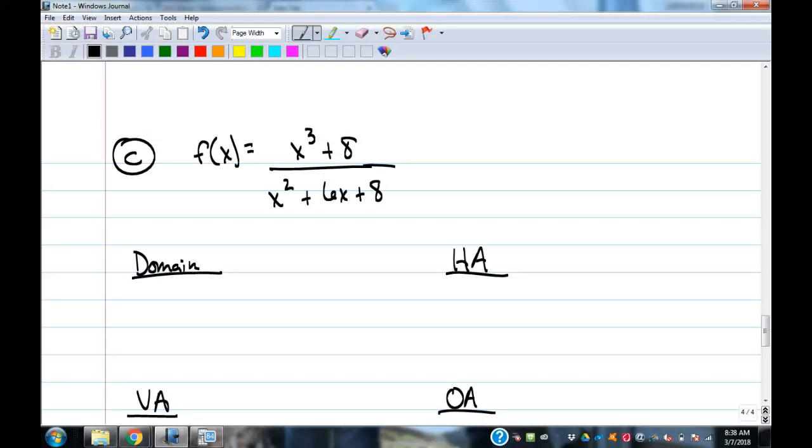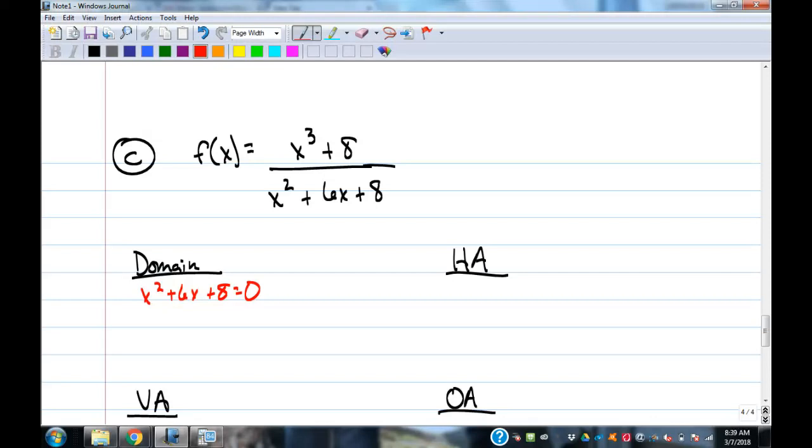What do we do for domain? Denominator equal to 0. So we're setting x squared plus 6x plus 8 equal to 0. Again, how are we going to try to solve that? Factoring. Is that the only way to solve that? We could do the quadratic formula. That would give us the right pieces, but it wouldn't help us simplify the fraction.